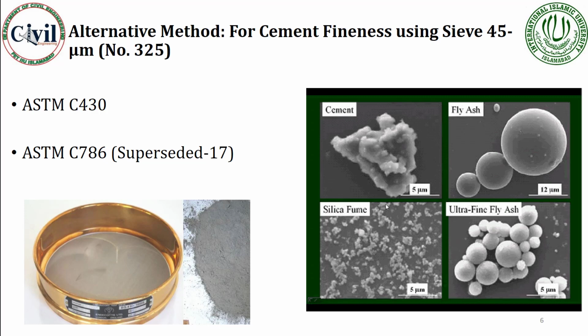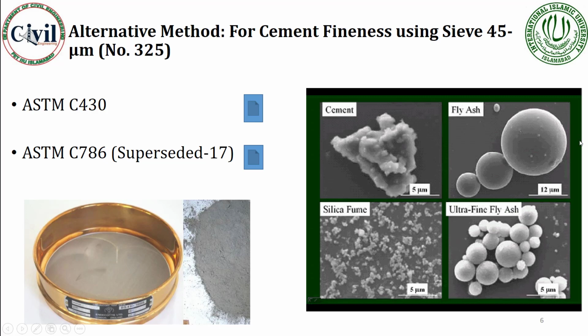You can also use sieve number 100. ASTM C430 is replaced by ASTM C786 because ASTM C786 used multiple sieves, sieve number 200 and sieve number 100, for calculating the fineness of a cement.